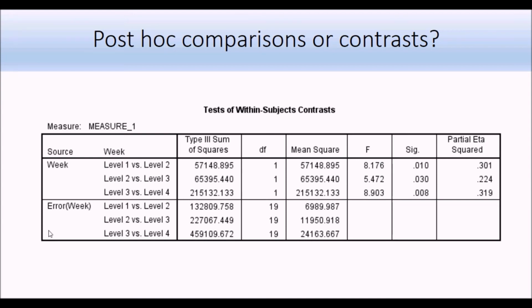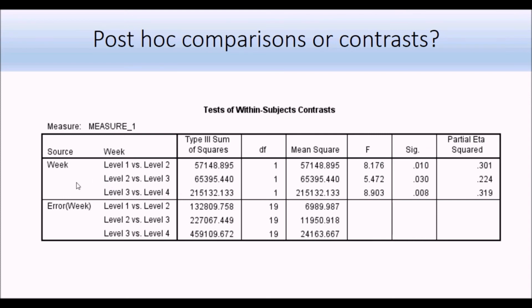In a repeated contrast, you can see what it's done is it's compared level 1, which was week 1, with level 2, which was week 2, and then it's compared level 2 with level 3 or week 3, and then it's compared level 3 with level 4 or week 4.